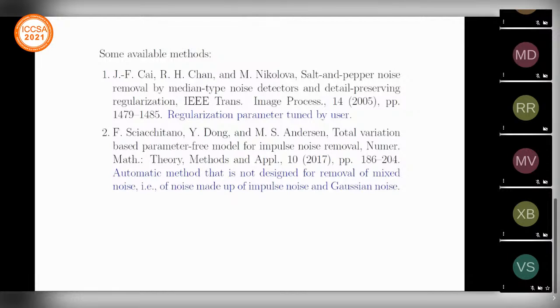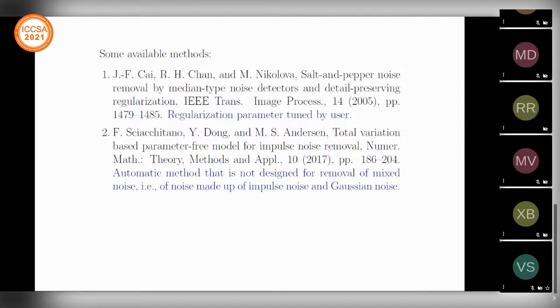So we are not the first ones who remove salt and pepper noise and impulse noise. Raymond Chan and his collaborators did that quite a few years ago, but their method requires some tuning of parameters to work well.